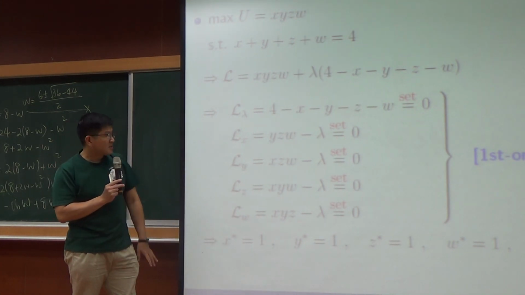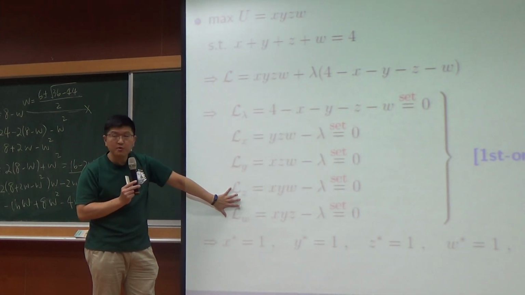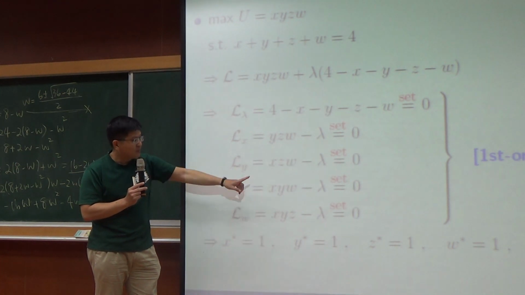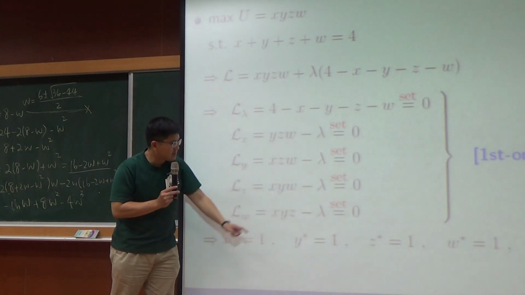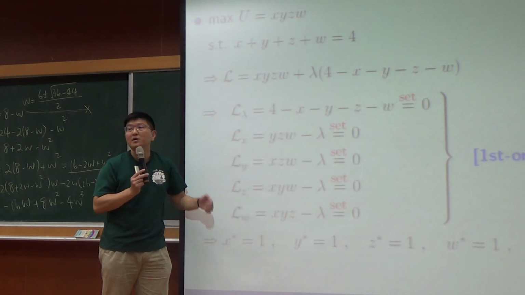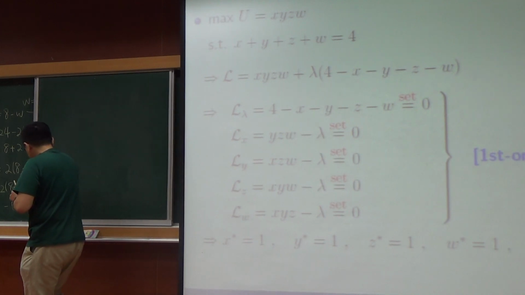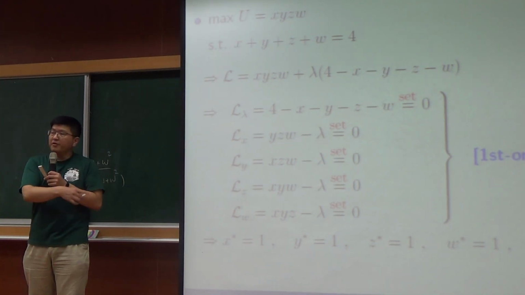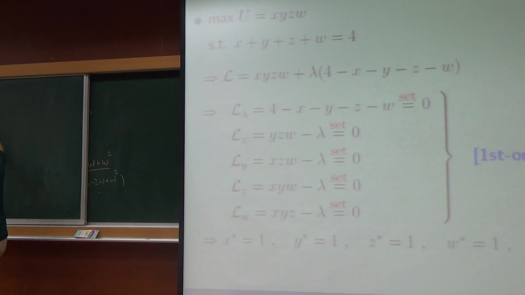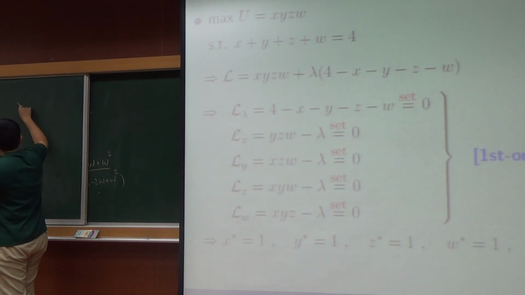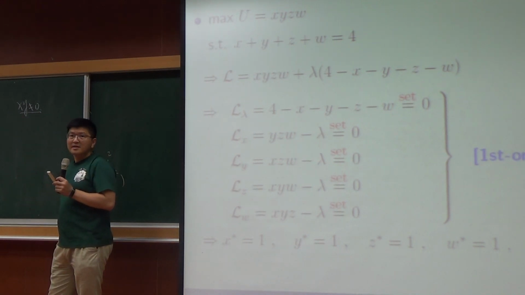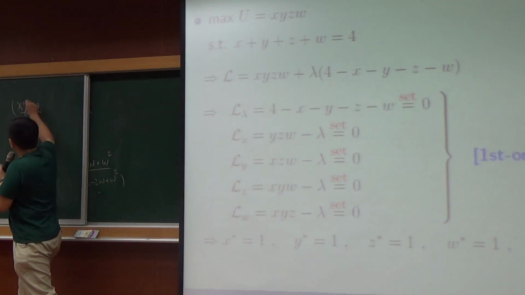Okay? So with these two equations, when lambda equals lambda, so xyw equals xyz, so z equals w, right? From the fourth and fifth first order conditions, we have z equals w. But you got to notice something, that xy cannot be 0, right? You need this premise.